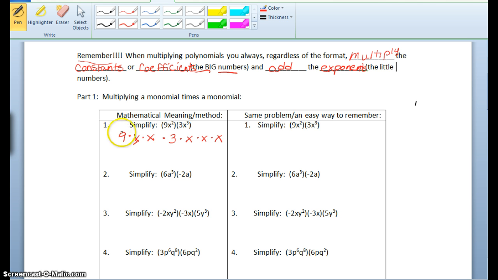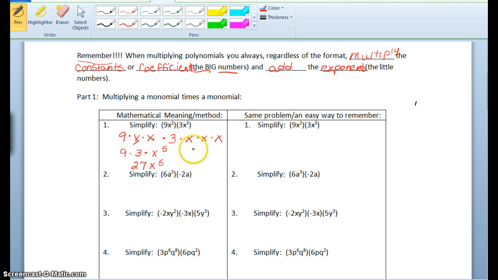So all you're doing is saying 9 times x times x times 3 times x times x times x. And remember, in multiplication we can rearrange this. So we can rearrange it to be 9 times 3 times, 1, 2, 3, 4, 5, there's 5 x's, so x to the 5th. So 9 times 3 is 27, and that gives you 27x to the 5th.